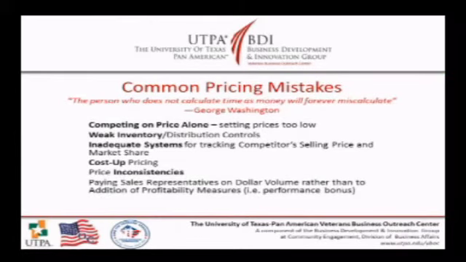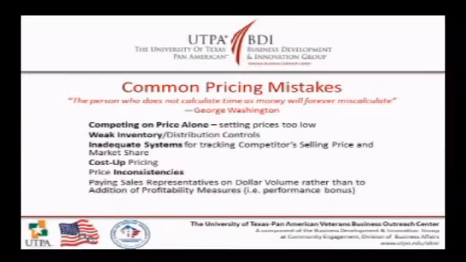Inadequate systems for tracking competitors' selling price and market share. If the business down the road is doing a $10 coupon and I'm not aware of that, and all of a sudden I'm selling something for $100 and he's selling something for $100, but he's offering a $10 coupon, I need to be aware that he is selling his product for $90.